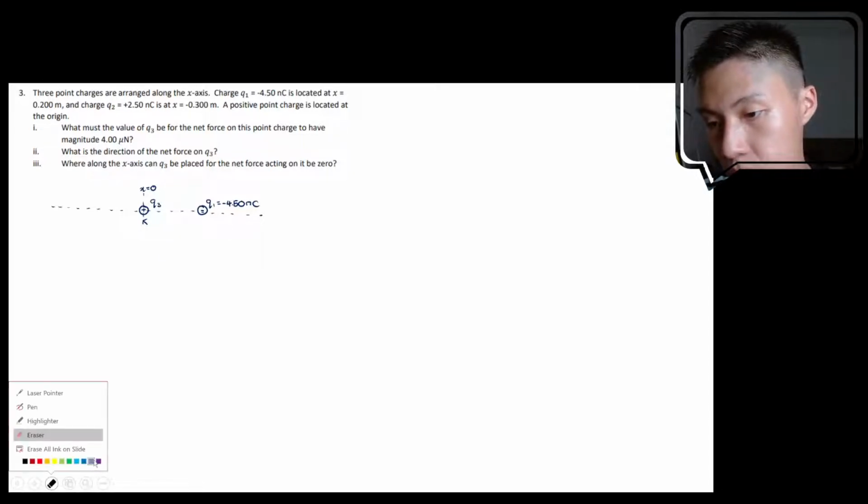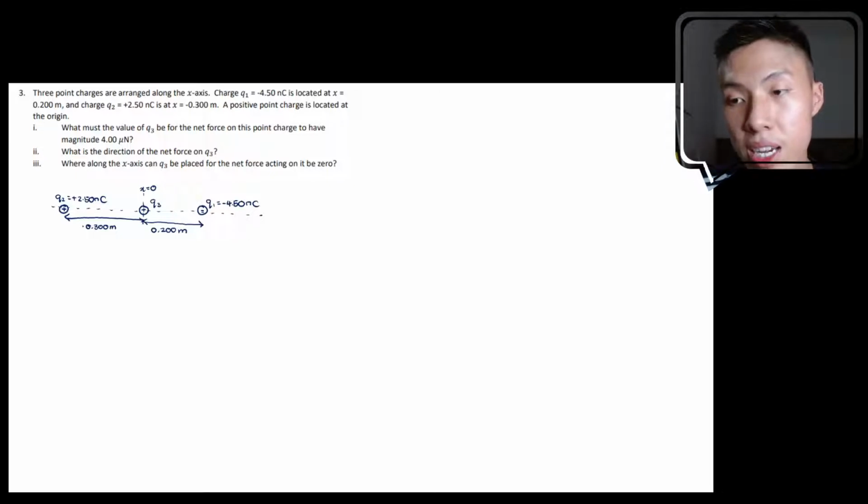And the distance between the origin and this point, this distance here, is 0.200 meter. Okay, at x equals negative 0.3, which is somewhere slightly further away, probably here, you have a positive charge, which is Q2.